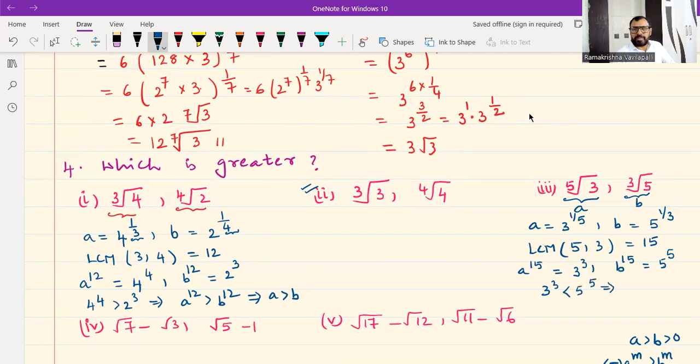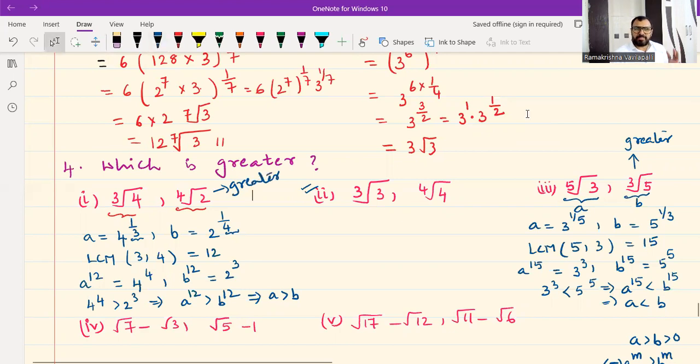So A to the power of 15 is less than B to the power of 15, which implies A is less than B. So therefore, this is the greater one among these two, and in the first example, this is the greater one among those two.